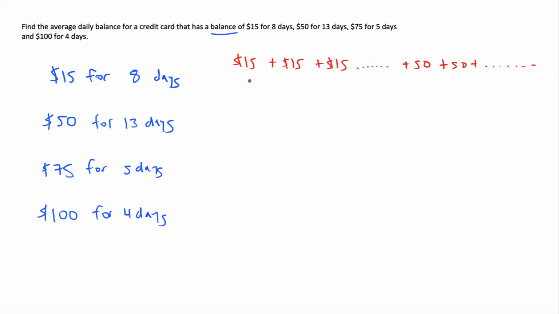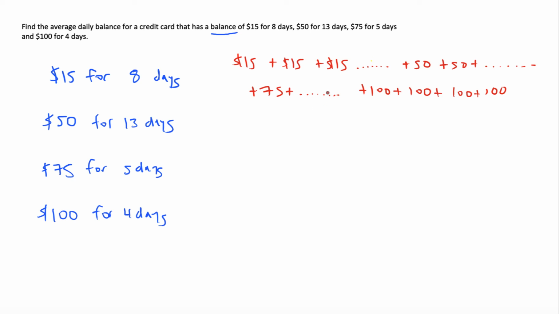And then the balance was $75, so we have to do that 5 times, and then we have to add 100 4 times. And then whatever we get from this sum, we want to divide that, in this case, by 30, because 8 plus 13 plus 5 plus 4 gives us 30. There should be 30 numbers here.